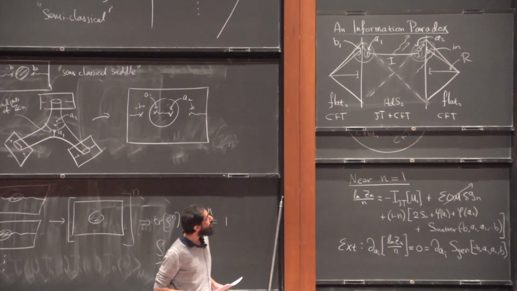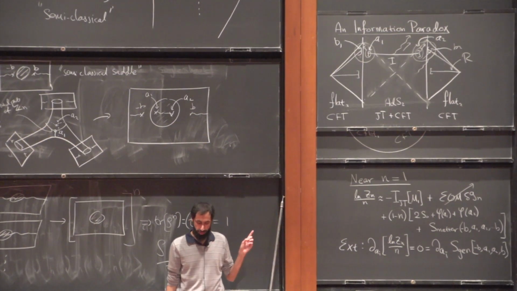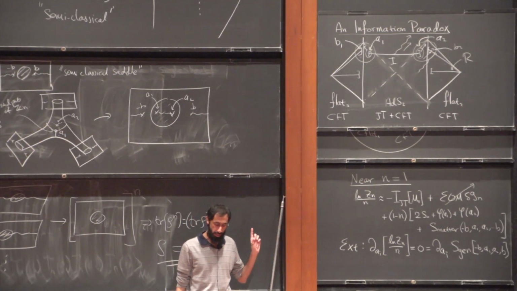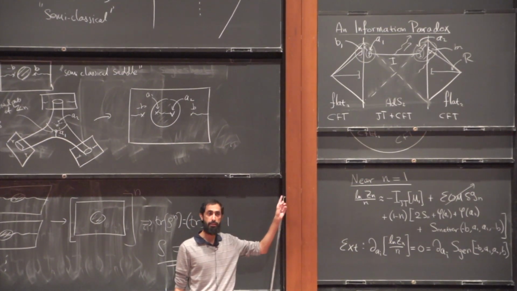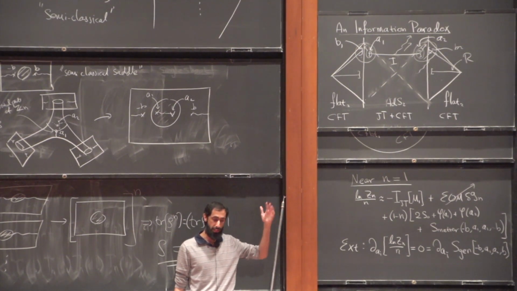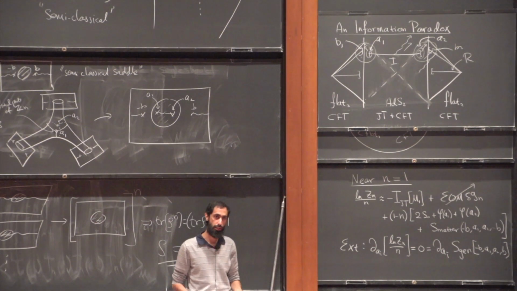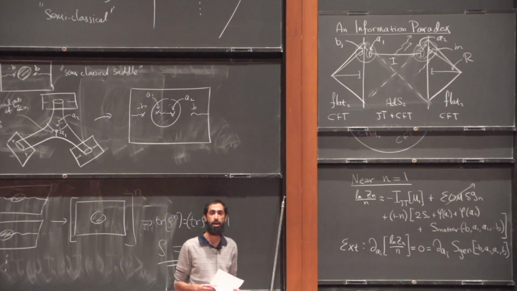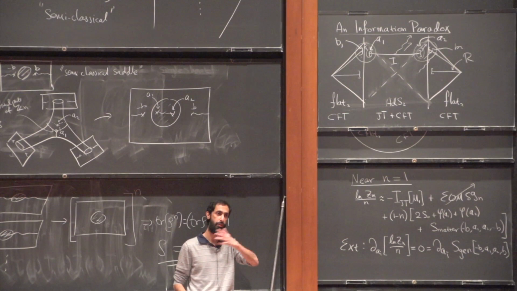The reason the PETS map would be interesting here is that this island exists or becomes dominant after you evolve in Lorentzian time. So it'll be interesting to see how the operator acting outside reaches the interior in Lorentzian space.